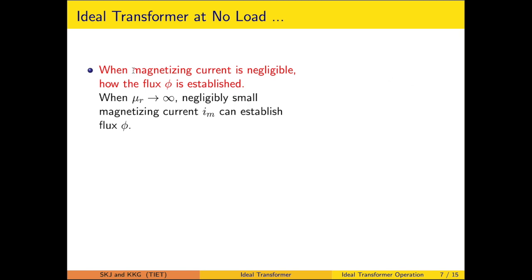When the magnetizing current is negligible, how is the flux established? We are considering that the relative permeability is approaching infinity. Please be mindful, it is of very high value, approaching infinity, it is not exactly an infinite value. Because of this there will be a negligible small magnetizing current, so small that we can easily neglect it.